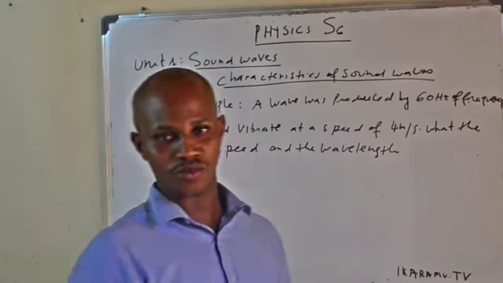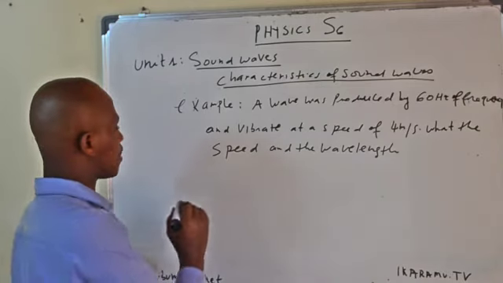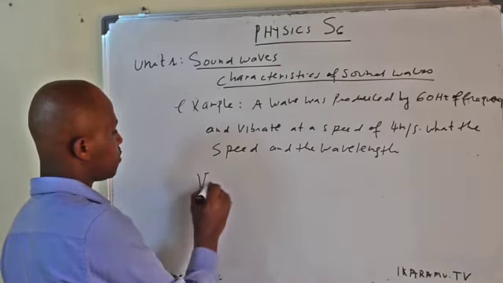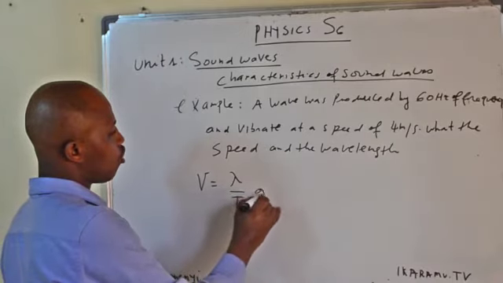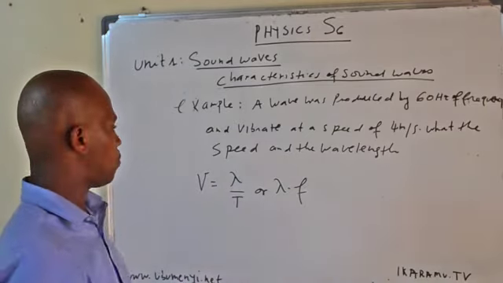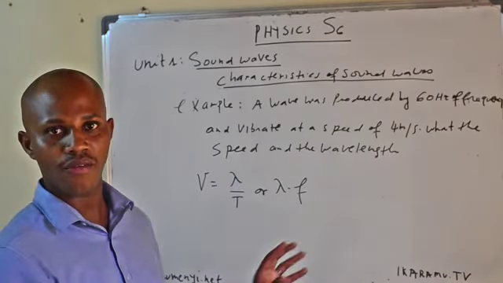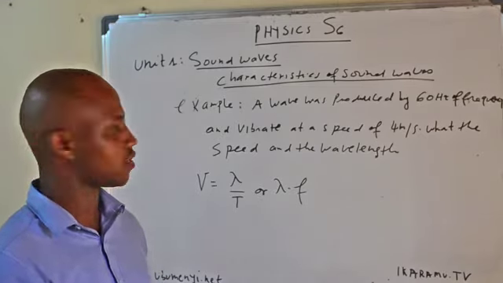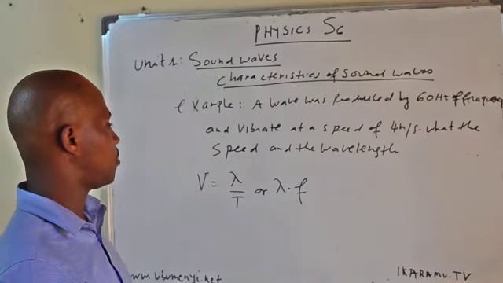Simple. Let us use the formula. Remember, in the previous lesson, we said that speed is equal to wavelength divided by period, or wavelength times the frequency. Now, we have the speed, 4 meters per second. We have the frequency, 60 Hertz. Now they're asking us to find the wavelength.